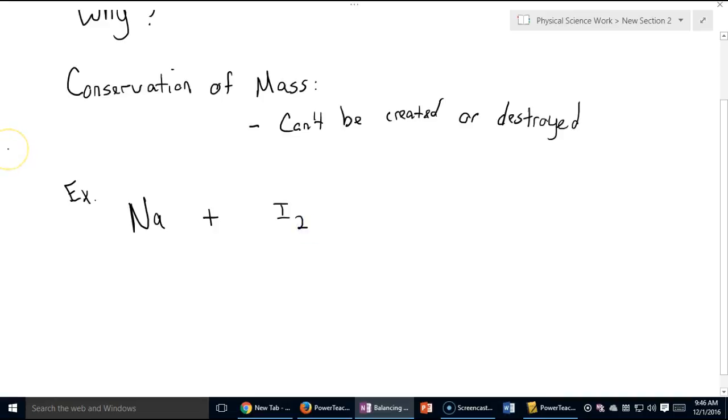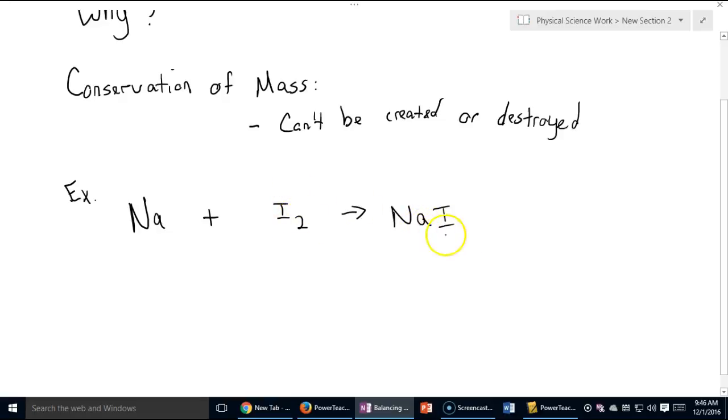Oftentimes, iodine, and there's lots of other nonmetals that normally will stay like this, where there's two of themselves all the time. Well, when they combine, it ends up looking like this. So one of the I's goes away. It only needs one of the I's, so one I goes out the door, and the other one stays.